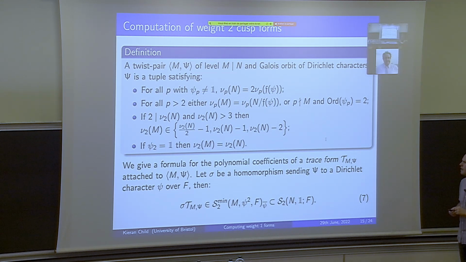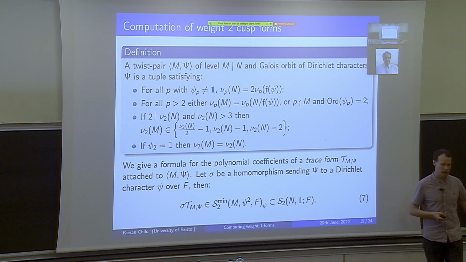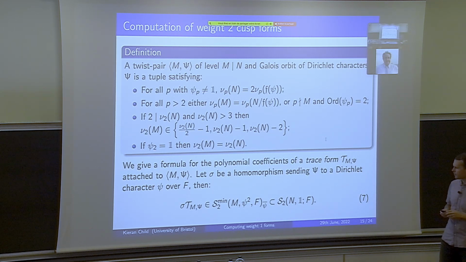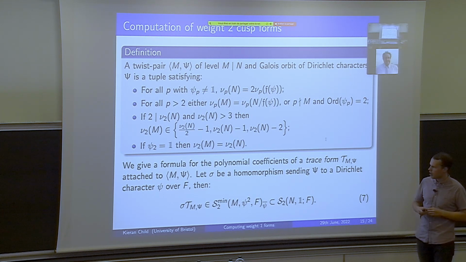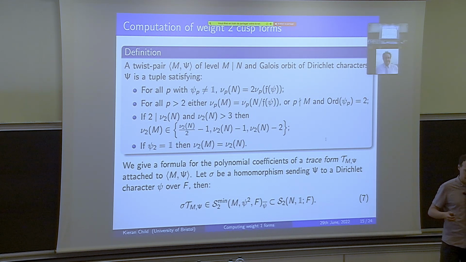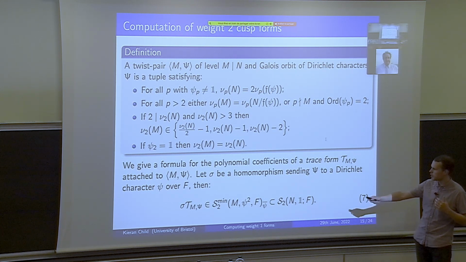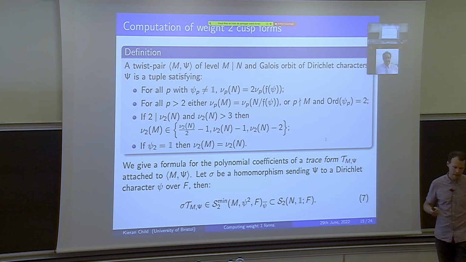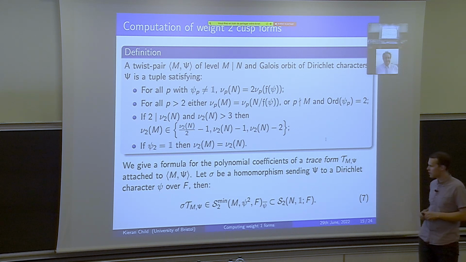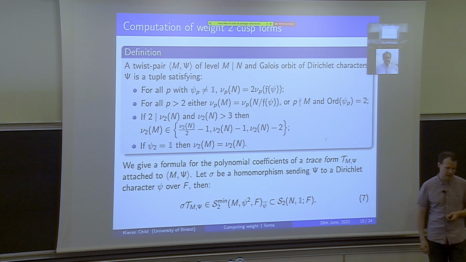So this is equivalent to that Galois orbit thing, of this trace form, and we're going to have some homomorphism which sends it into whatever field we're working over, so it could be an embedding into C or whatever, such that any of those homomorphisms give us an element in the twist minimal space with character psi squared, twisted back by the conjugate of psi, so it gives us an element in this weight 2 level n trivial character space.